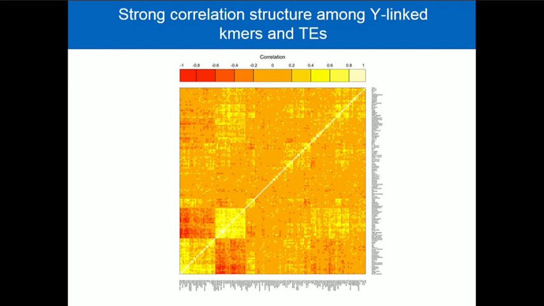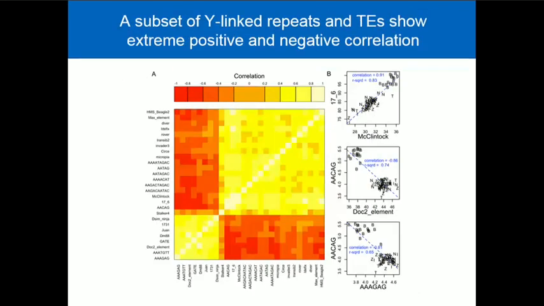And this is where we're going to need to know some of that information about the higher order structure to really understand that. This is just zooming in on some of these clusters. So in fact, this collection of transposable elements, DM88 is a copia-like element, and these particular repeats, those are all positively correlated with each other. And then, no, I'm sorry, those are negatively correlated with each other, whereas these other sets, have I got this right?